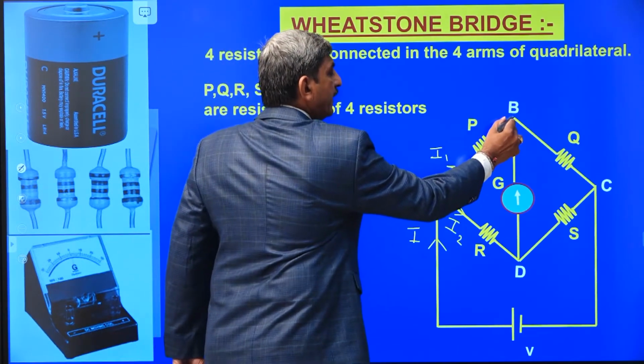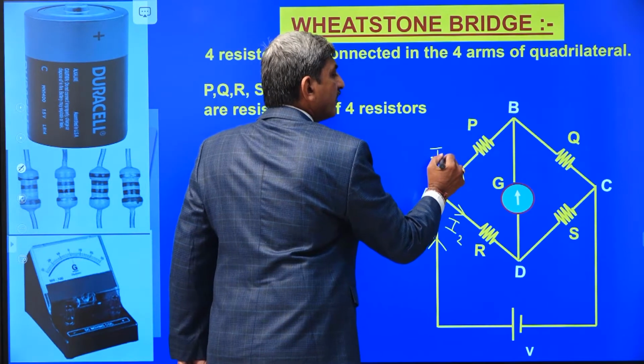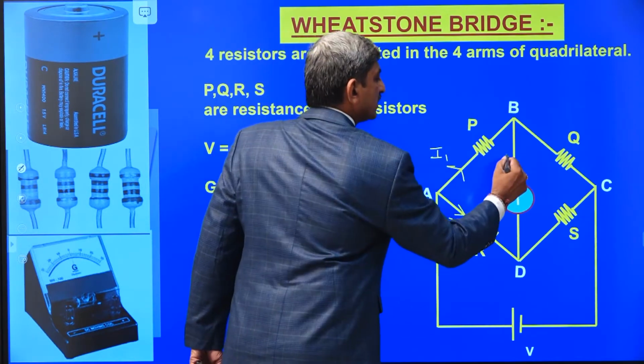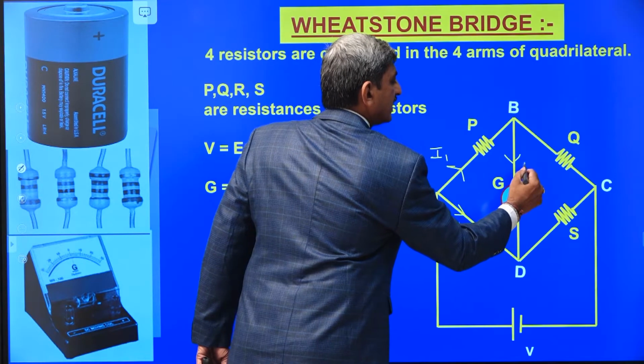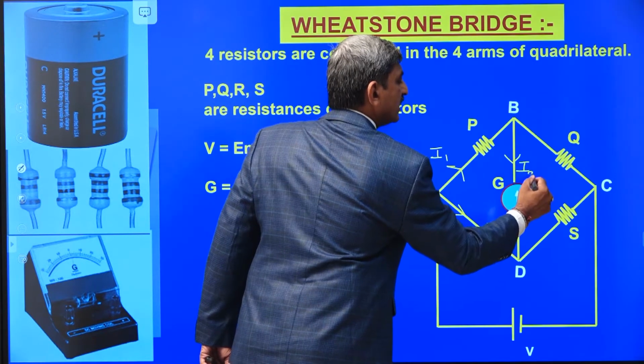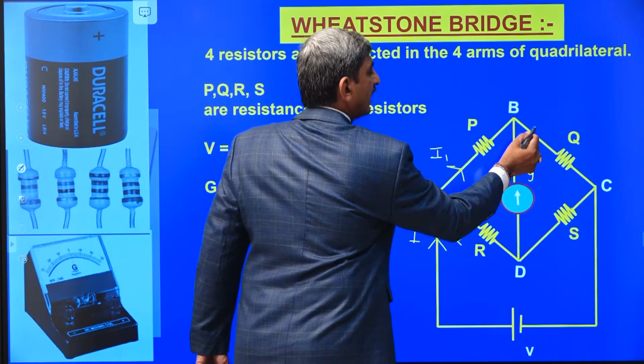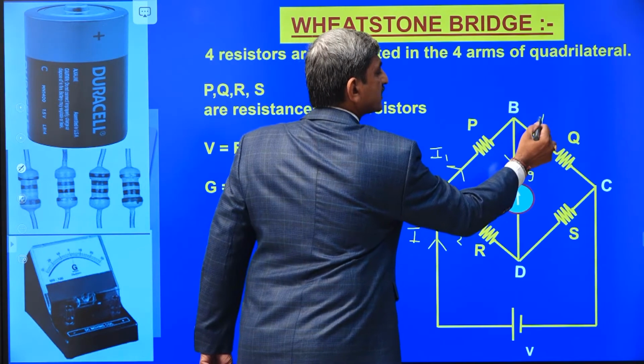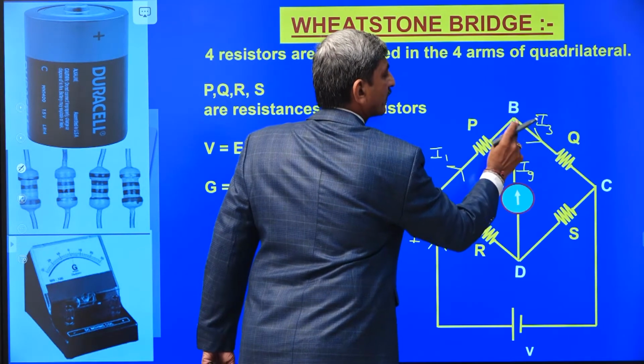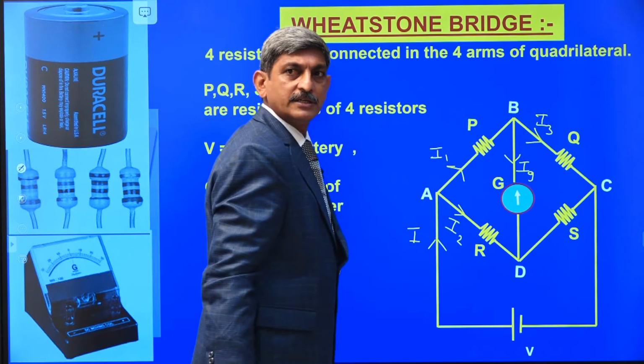At point B, I1 divides into Ig, the current passing through the galvanometer, and I3, the current passing through the BC branch.